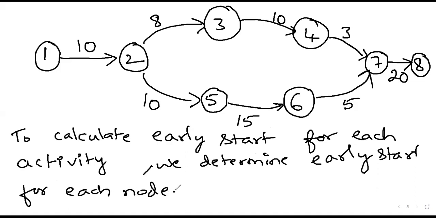Node means what? It is the start and the end point of each activity. If we understand the early start for each node, then simultaneously we can start calculating the early start for each of the activities. That is the reason we first calculate early start for each of the nodes.